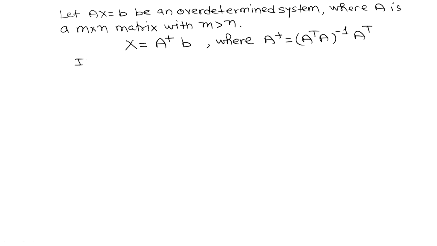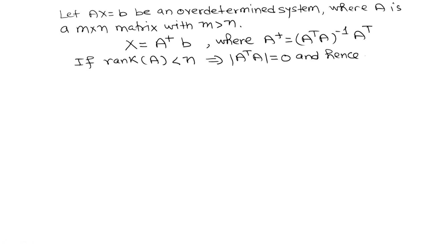So, if rank of the matrix A is less than n, this implies that the determinant of A transpose A equals to 0, and hence A transpose A inverse does not exist.